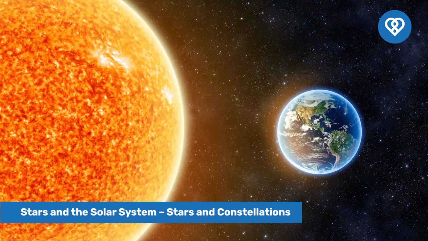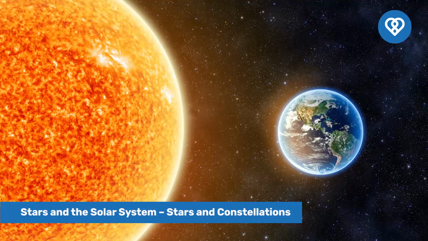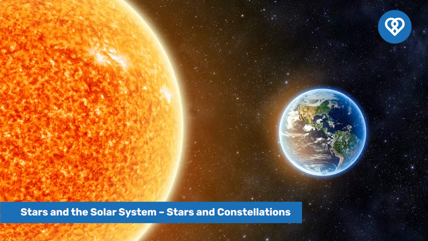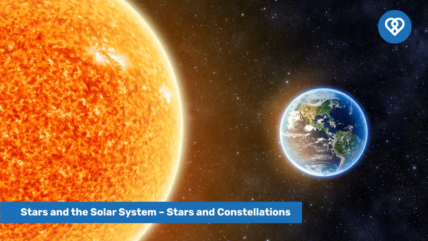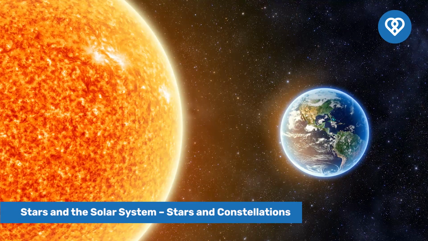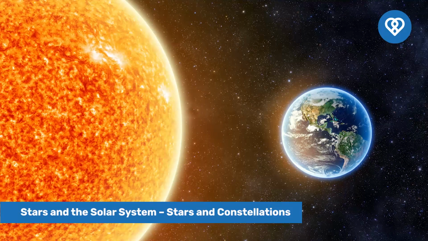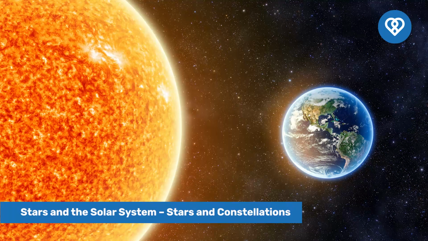Our Sun is 150 million kilometers away from the Earth. That is, it is only 8 light minutes away from Earth. To repeat, it takes light only 8 minutes to traverse the Sun-Earth distance.